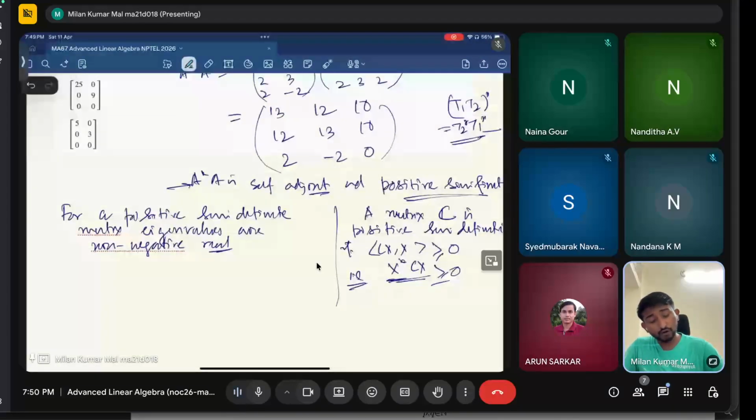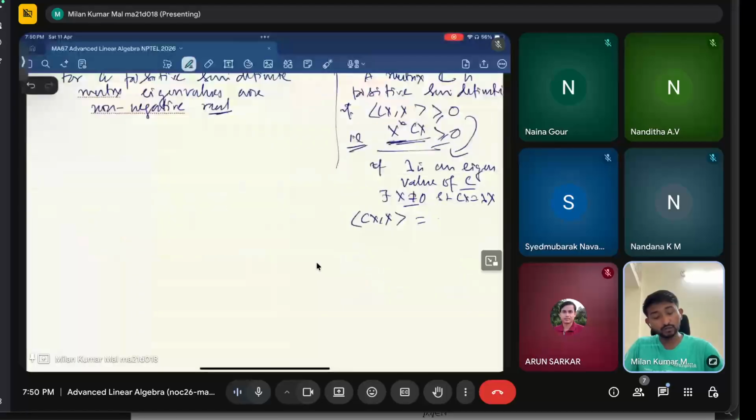Now I want to prove that lambda is non-negative. Note that the inner product of Cx with x can be written as lambda times the inner product of x with x, due to linearity. Now this is greater than or equal to 0. We know the inner product of x with x is greater than 0 if x is not equal to 0, and here we have considered x not equal to 0.